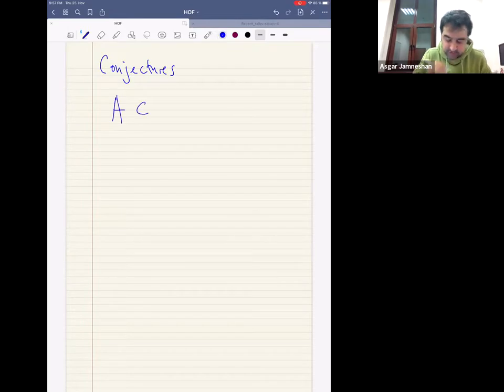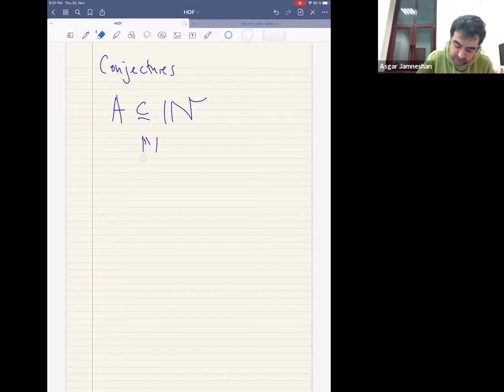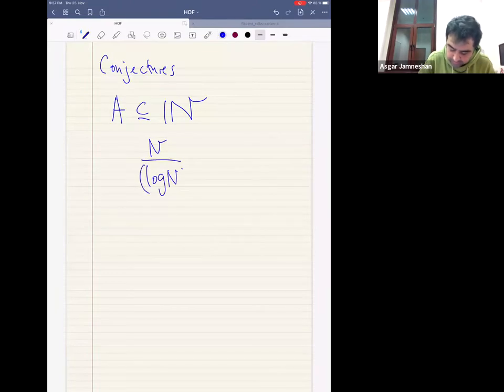If you take a set inside the natural numbers such that it has asymptotic density of this form, larger than that.